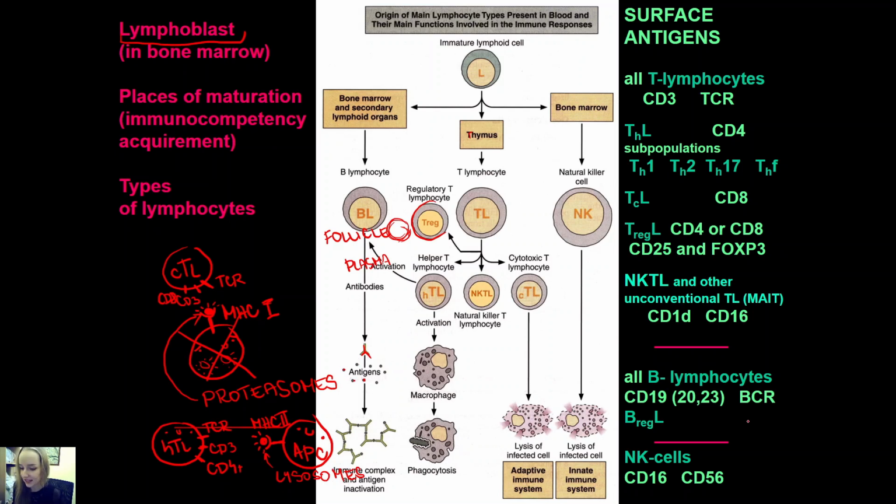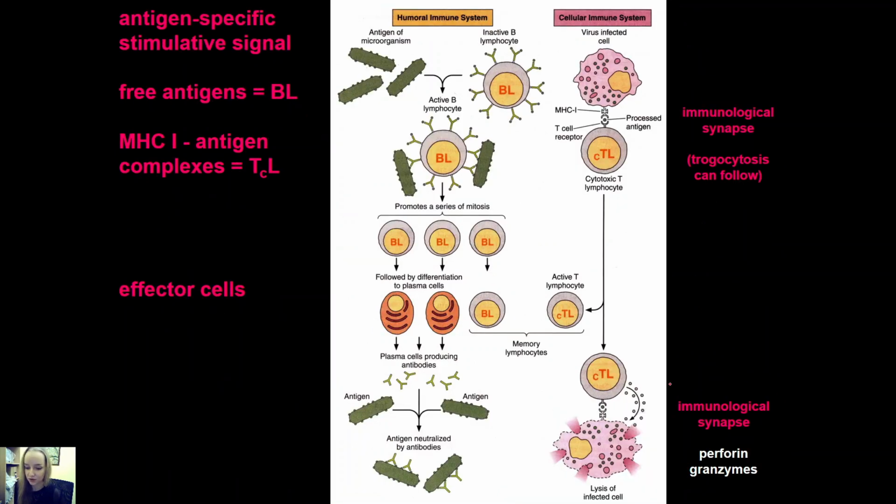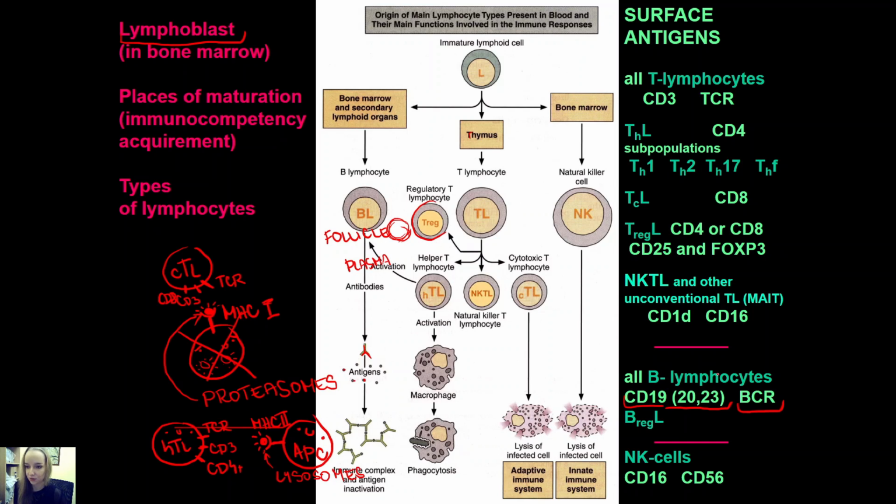Also, from these CDs, you should know at least that B lymphocytes contain CD19 and CD20, and they also contain a B cell receptor on their surfaces. So this is important, and also CD8. You should know at least these things, okay?